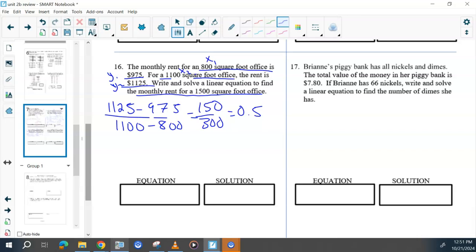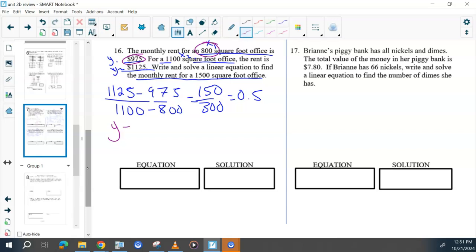So that's the first part. Find your slope. Now that you have your slope, you can use your point slope formula with either set of points. I'm going to use the 800 and the 975 just because they're smaller. So y minus 975 equals 0.5 times x minus 800. And distribute.